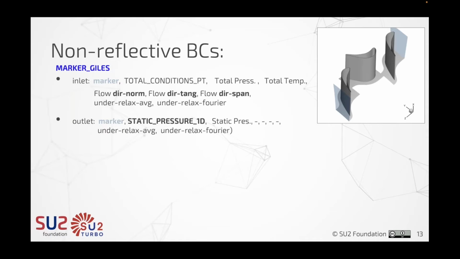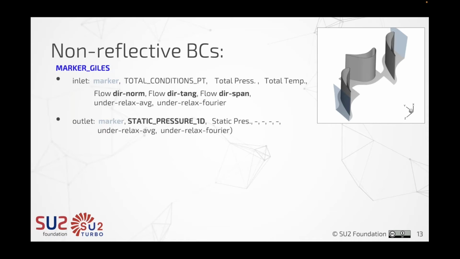But as it was pointed out during the previous part, we have several ways to specify the static pressure boundary condition. Why is that? Well, we can either specify a constant value of static pressure that has to be respected at each of the span-wise sections, or as it is done here, we can specify the static pressure 1D, that is more flexible, or it allows the calculation to have a little bit more freedom.